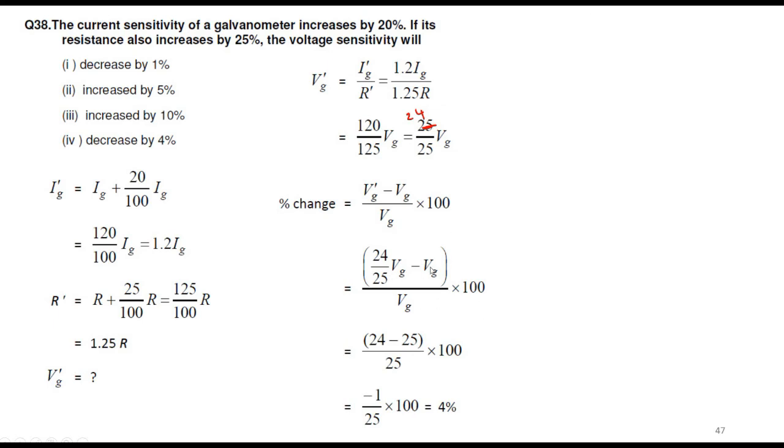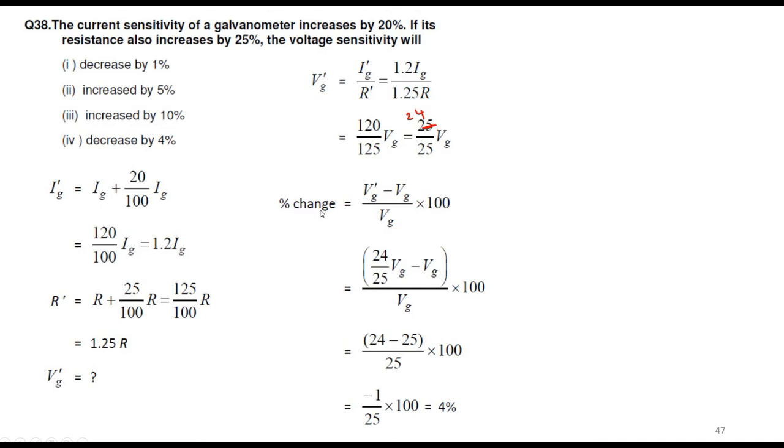So here Vg, Vg, Vg, so they can be cancelled. 24 by 25 minus 1, right? So 24 by 25 minus 1, which is nothing but 24 minus 25 by 25 into 100, which is minus 1 by 25 into 100, which will be 4%. The magnitude is 4%. The negative symbol indicates there is a decrease.